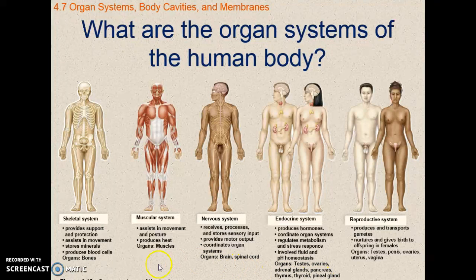This one figure is going to cross two of your chapter objectives: what are the organ systems, and what's the purpose of them? Some of these you probably already know. Reading over it a few times will solidify it for any test question that you might have over it.